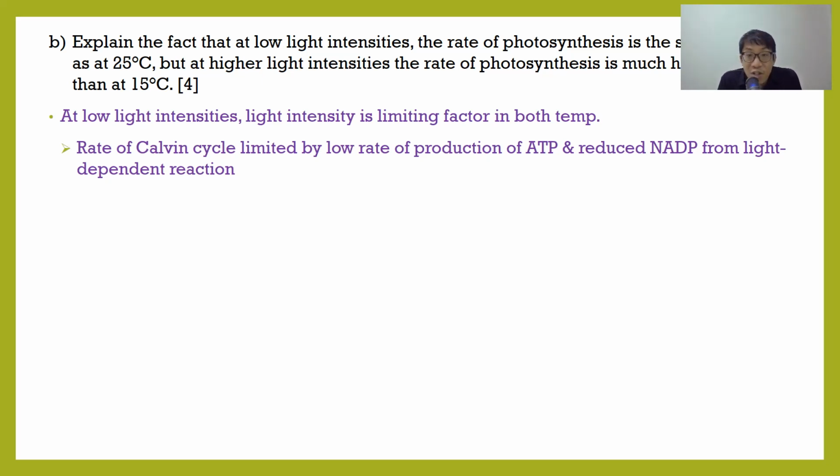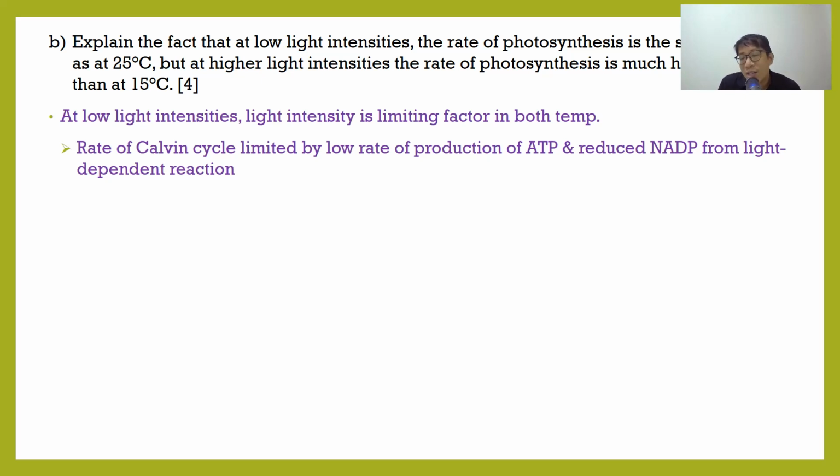Then we give some explanation of how light intensity limits the rate of photosynthesis over the temperature. The rate of the Calvin cycle specifically is slowed down by the lack of ATP and reduced NADP when light intensity is low.